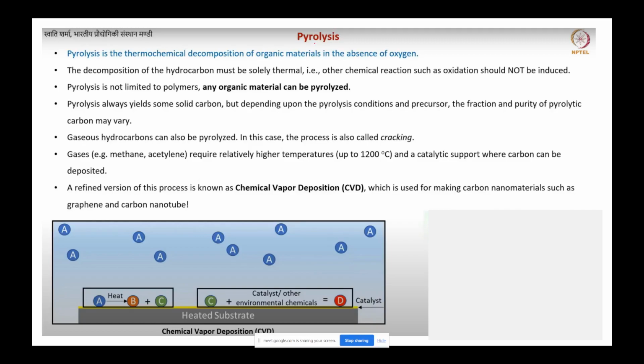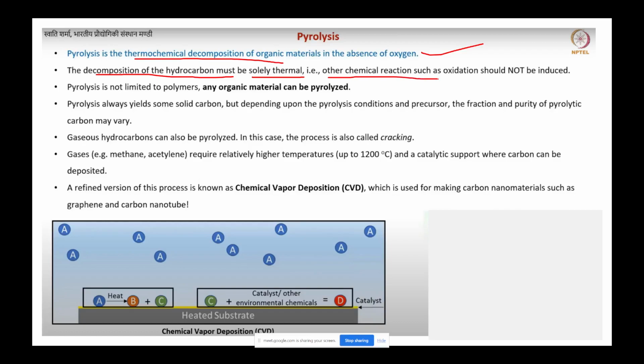Here you can see, pyrolysis is a thermomechanical decomposition of organic material in the absence of oxygen, which I already explained. So the decomposition of the hydrocarbon must be thermal. Thermal means you only have to apply temperature.